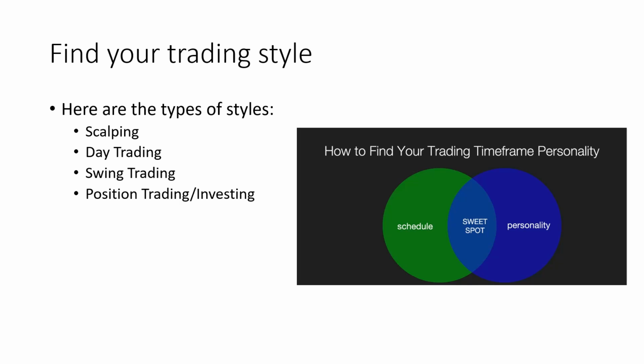Okay? And this is how you're going to profit in the market. So I hope that makes sense. If you look at the grand scheme of how I just put all that together, it's breaking down every little thing that I just talked about. So that's how you find your trading style. You want to find your schedule combined with your personality. That's going to give you your sweet spot of where you're going to be in the market, along with what probably interests you. All right.